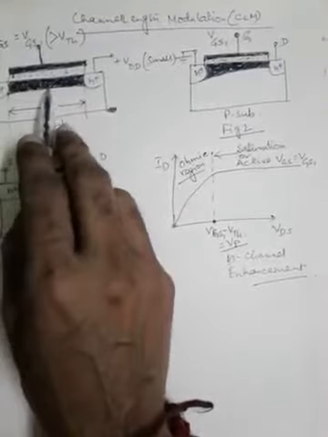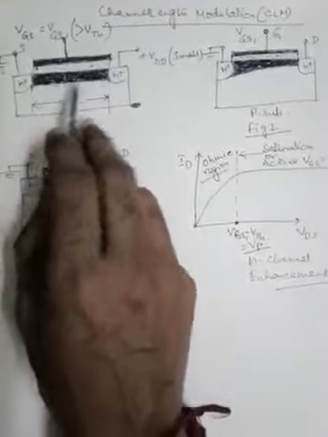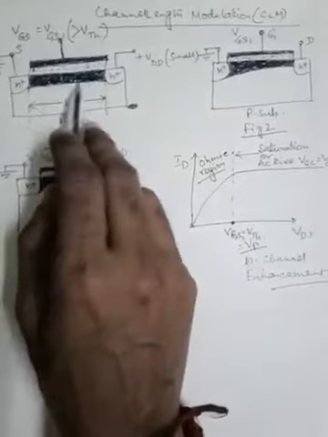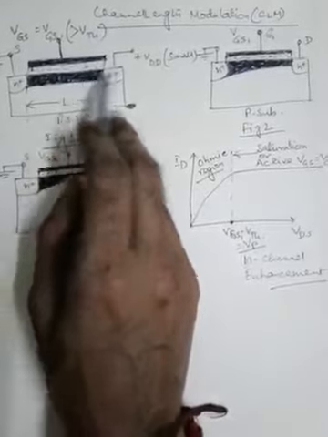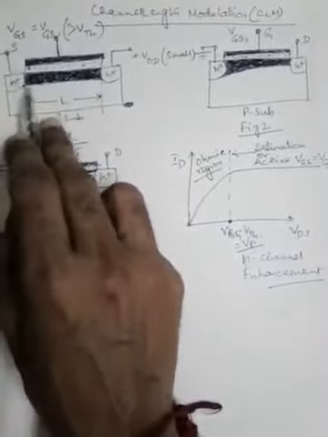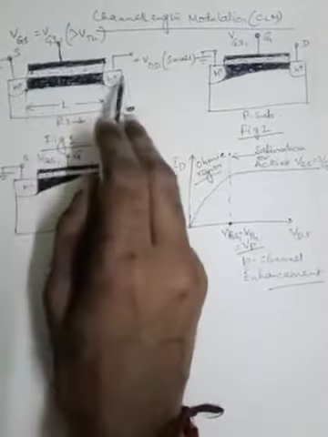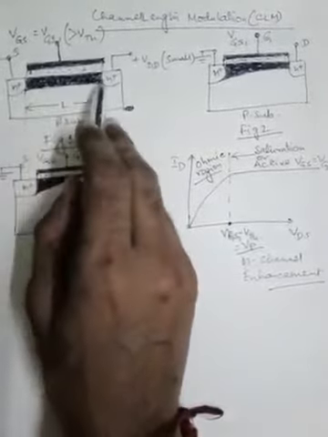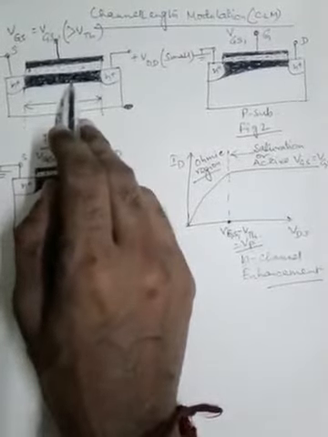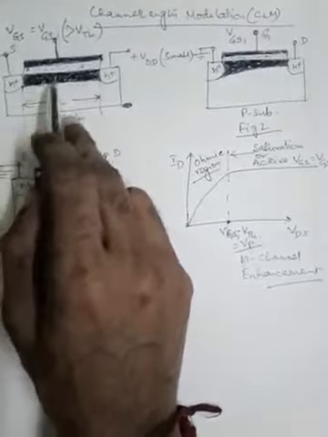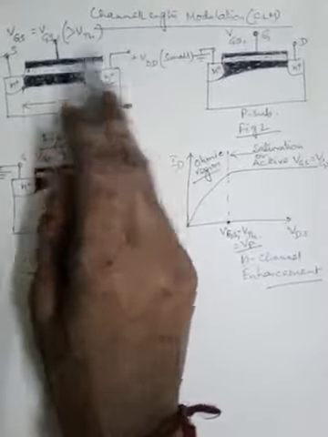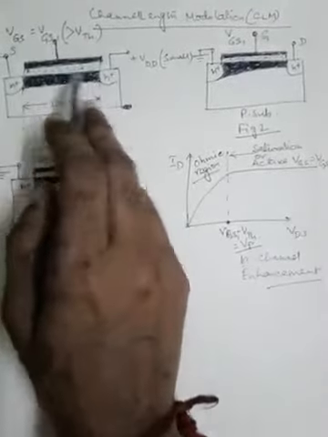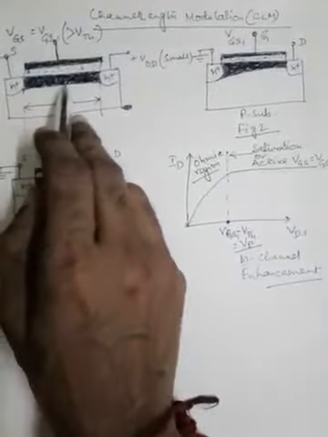As more and more electrons pass from source to drain, since the device acts like a resistor, it introduces a potential drop across the drain to source terminals, because this channel connects the drain to the source. More and more potential drop is developed across this channel, and that is added to the voltage between drain and source terminals, that means added to the VDS value.